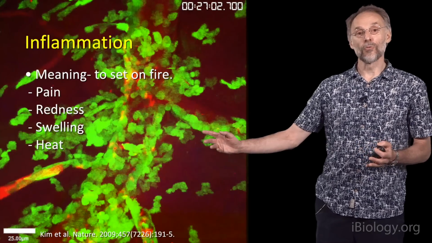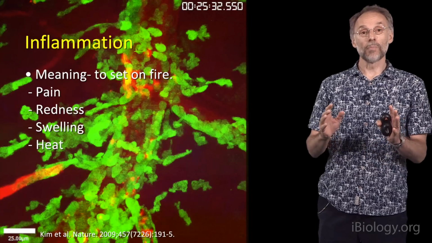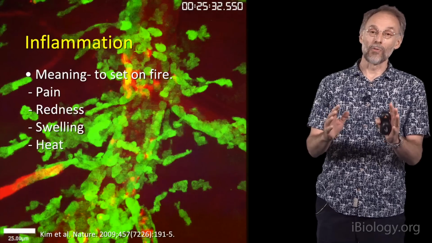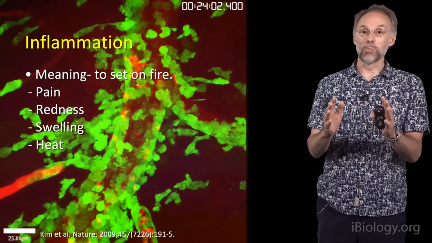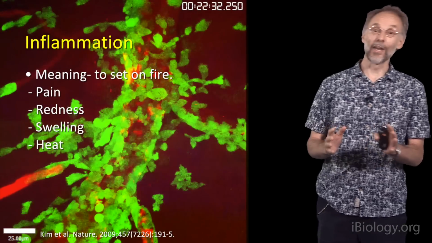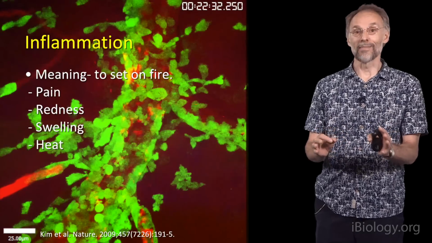And this movie that's playing in the background here is essentially a picture of white blood cells, of the type that's part of the innate immune system, lining up along a blood vessel, which is the structure here, highlighted in red because the plasma has a red fluorescent quantum dot in it.